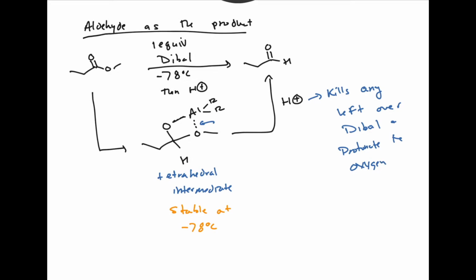And then that lets it fall apart into the aldehyde. So I get my tetrahedral intermediate, it's stuck. I add the acid, it gets rid of any extra DIBAL, so there's never going to be any DIBAL when there's an aldehyde, and then it protonates that oxygen, gets rid of the O-aluminum, makes it an OH, and then that falls apart, kind of like the hydrate fell apart for the carboxylic acid reaction into the aldehyde. So as long as you keep it cold, it doesn't go anywhere.